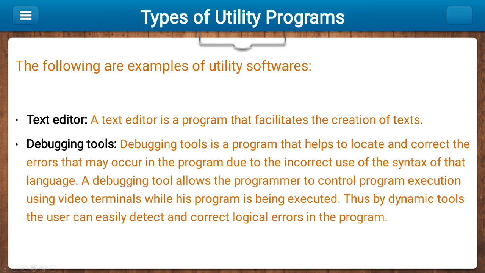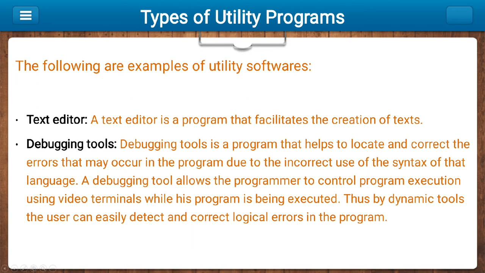The next one we have is debugging tools. So what are debugging tools? A debugging tool is a program that helps to locate and correct the errors that may occur in the program due to incorrect use of the syntax of that language.